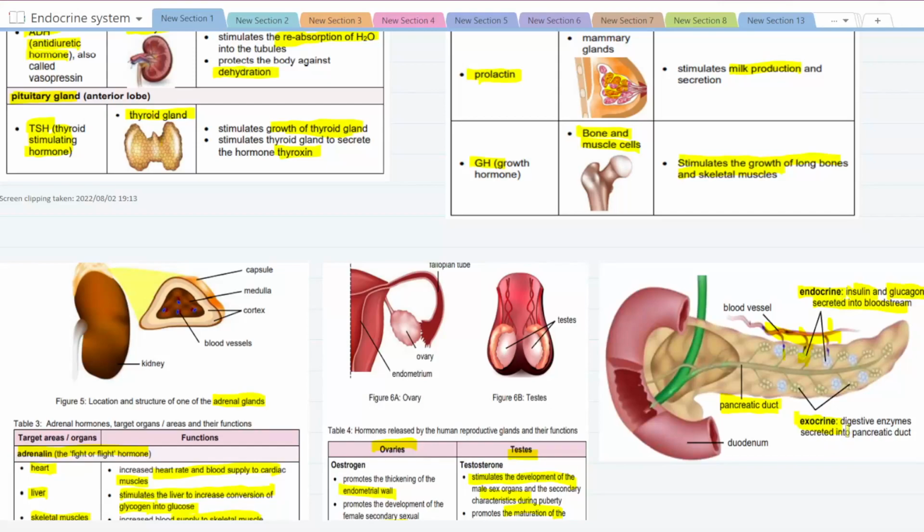Remember, we said an exocrine gland secretes hormones or substances directly into a duct or an organ. So that is the reason why we say that the pancreas is both an endocrine and an exocrine gland.